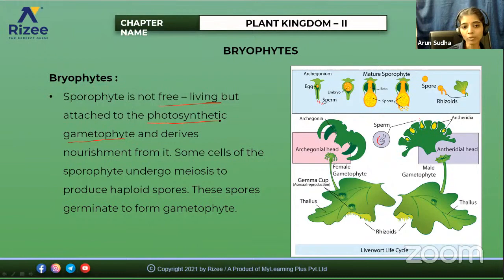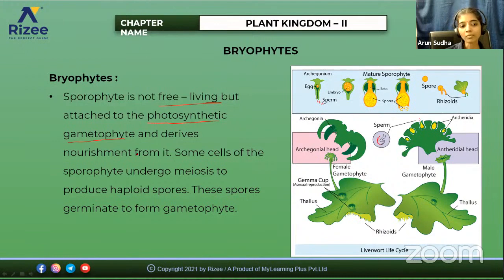It can produce its food, but not the sporophyte. So the sporophyte cannot live freely, but is dependent on the photosynthetic gametophyte and derives nourishment from it.